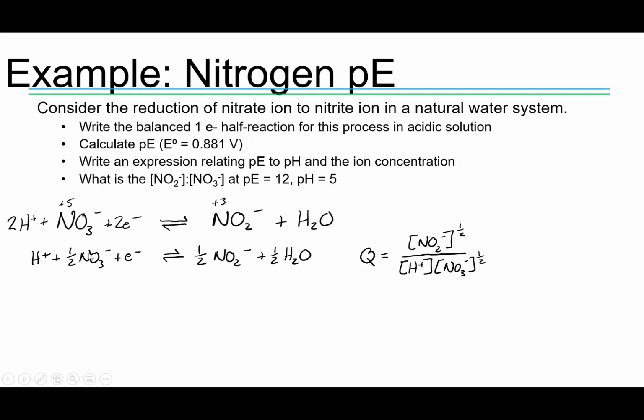So now with our balanced 1 electron reduction half reaction and reaction quotient in hand, we can make a start on writing the pE-pH expression for the nitrate to nitrite reduction, which is the main goal of this problem.